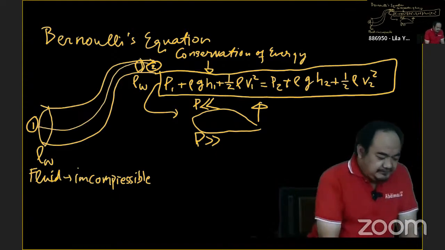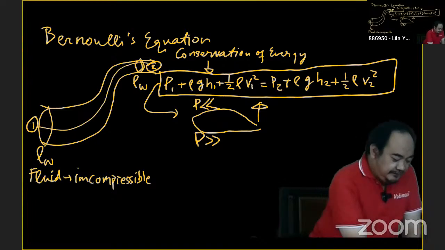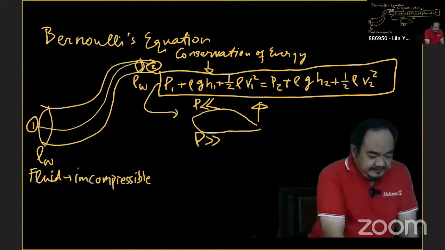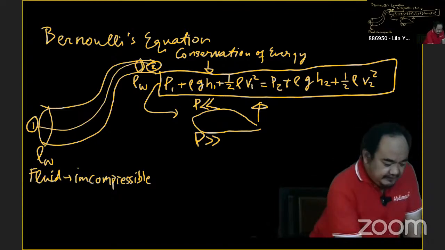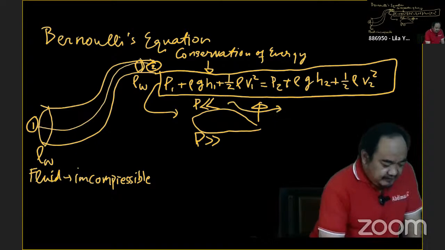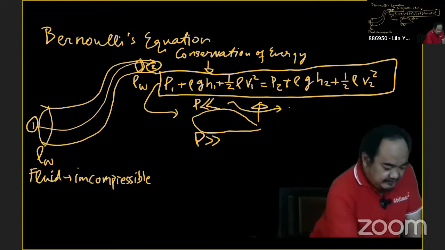And to obtain this condition, the wing has to be designed so that the velocity on the top is greater than from the bottom.